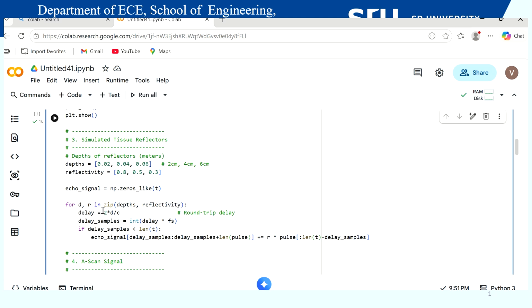And it converts time to sample. That is, delay_samples is equal to int(delay * fs). Since the signal is digital, the delay must be converted into a sample index, and then we insert the echo.